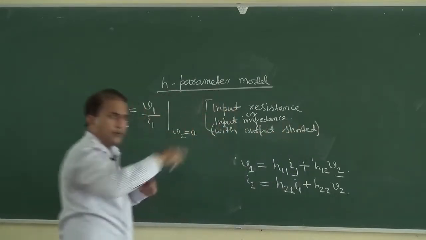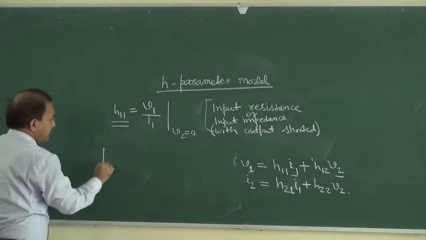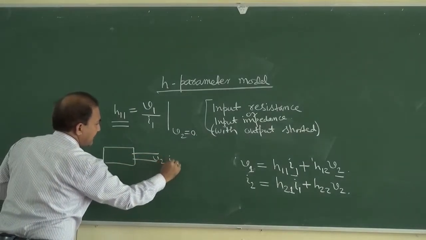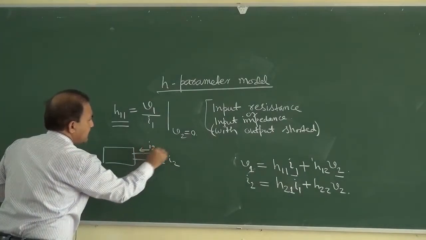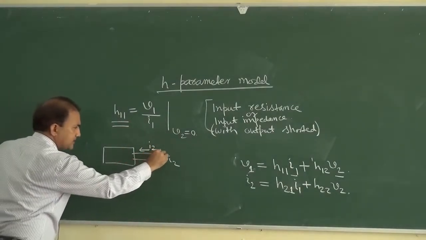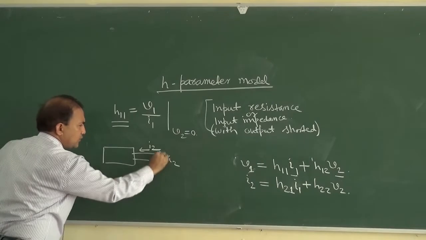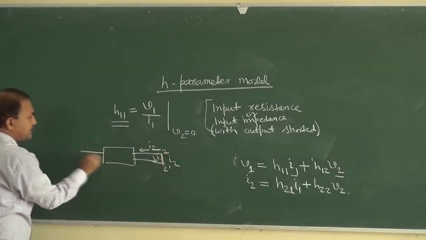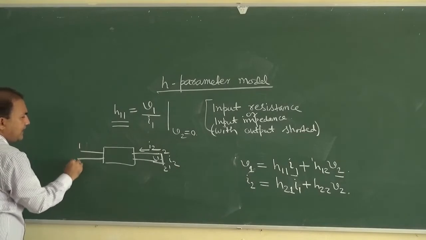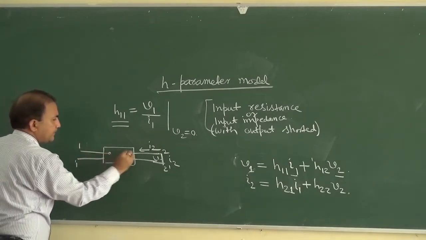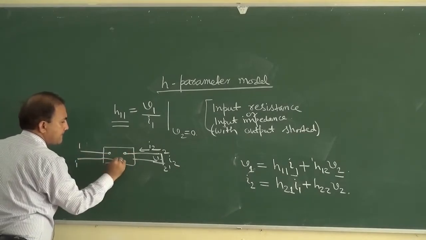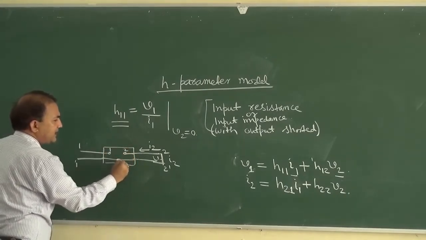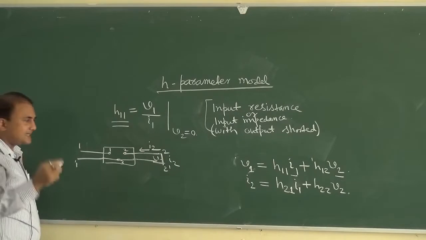When the output terminals are shorted, suppose this is V2 and I2 is like this, and these two terminals are 2 and 2 dash, this is 1 dash, terminal 1, terminal 2 and terminal 3 for a BJT transistor.